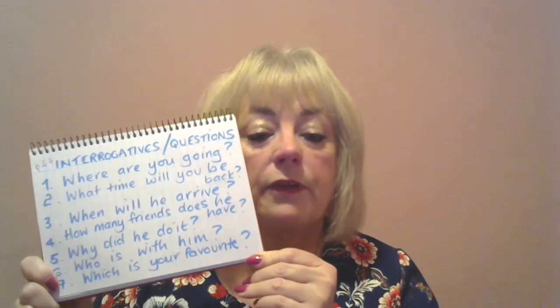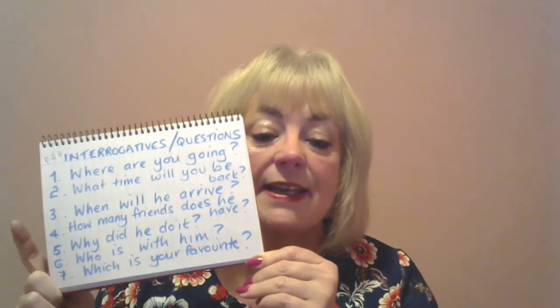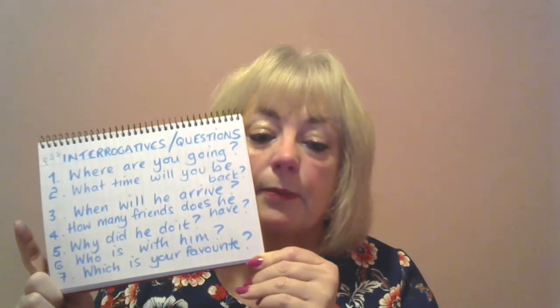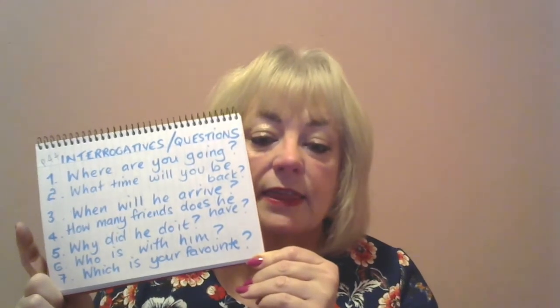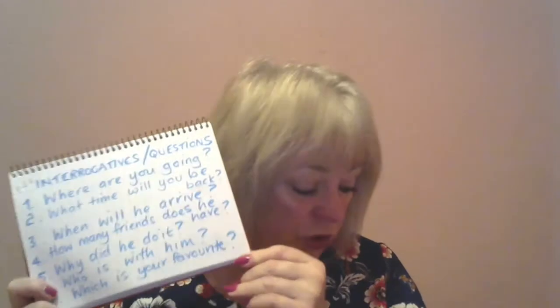Número 5, why did he do it? Número 6, who is with him? And número 7, which is your favourite? So a little combination of the question words, which are all again in the level 1 book on page 44.